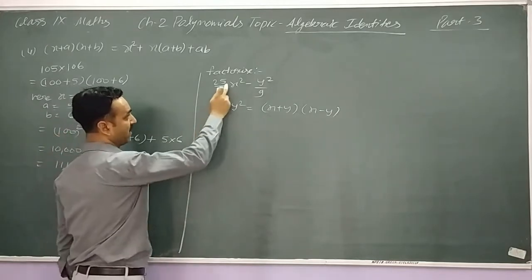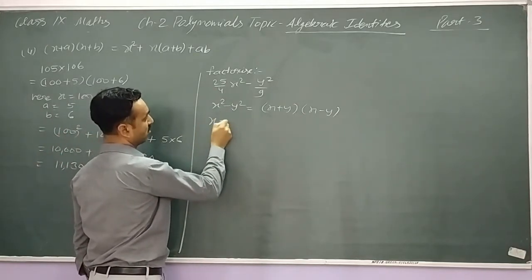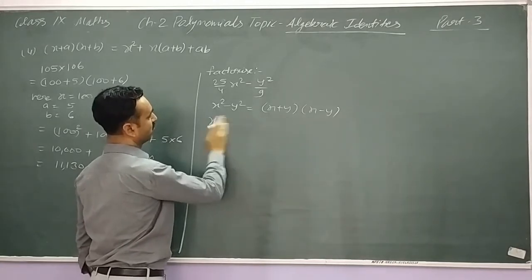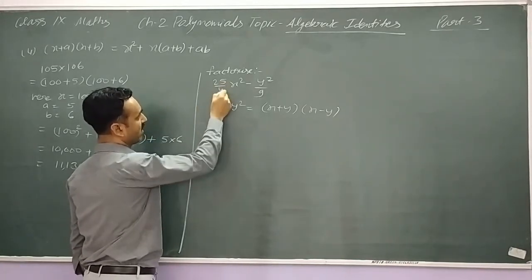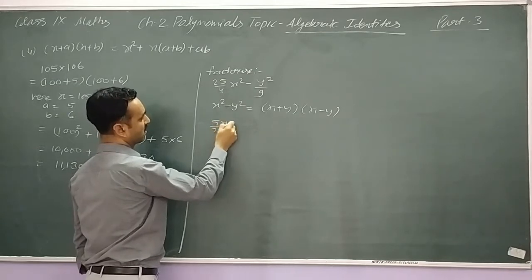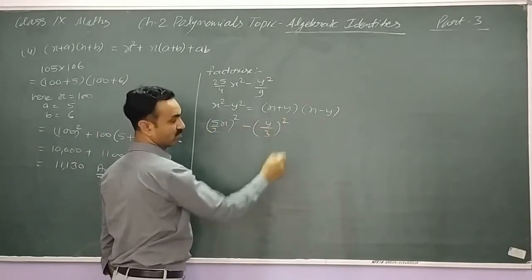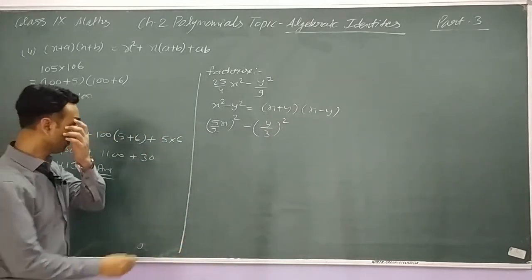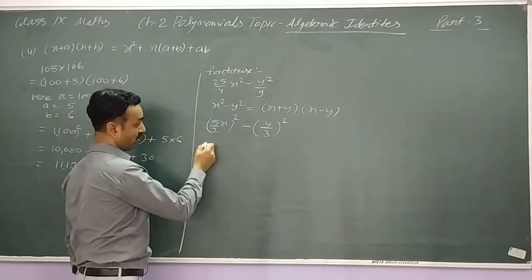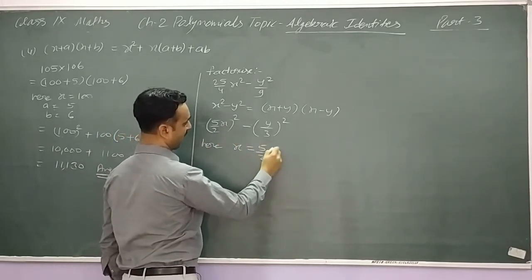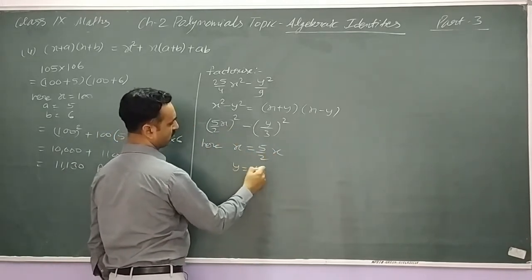So by comparing, first of all we will convert it in whole square: (5/2 x)² minus (y/3)². So here x is equal to 5/2 x and y is equal to y/3.